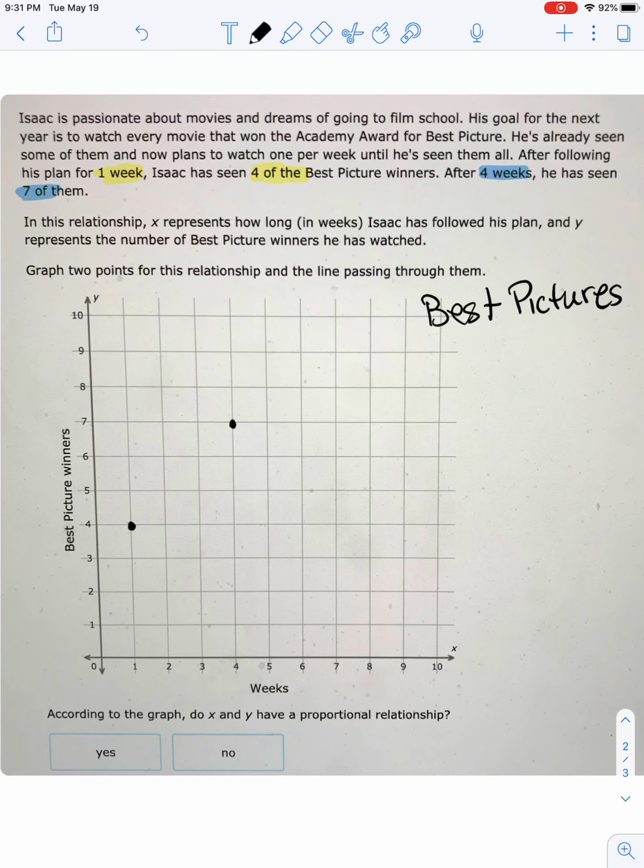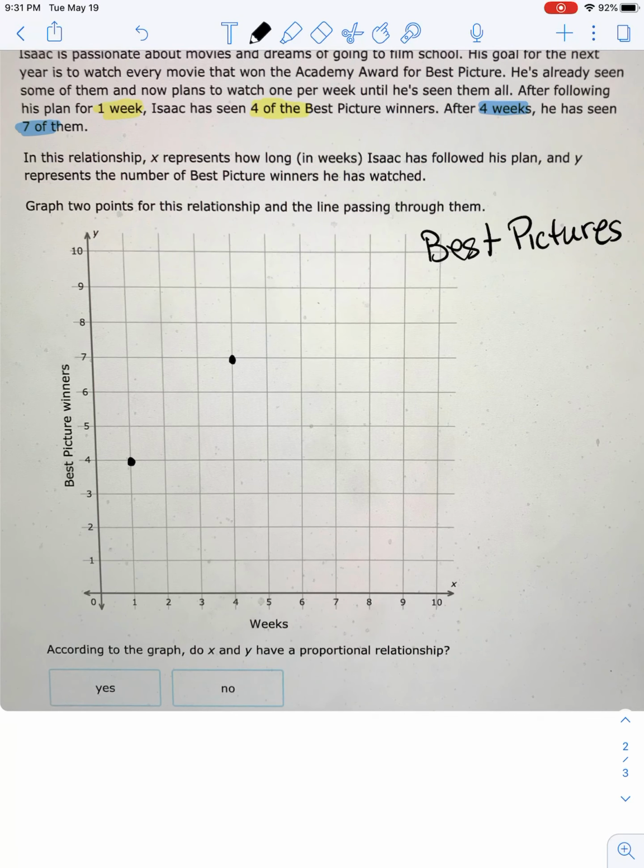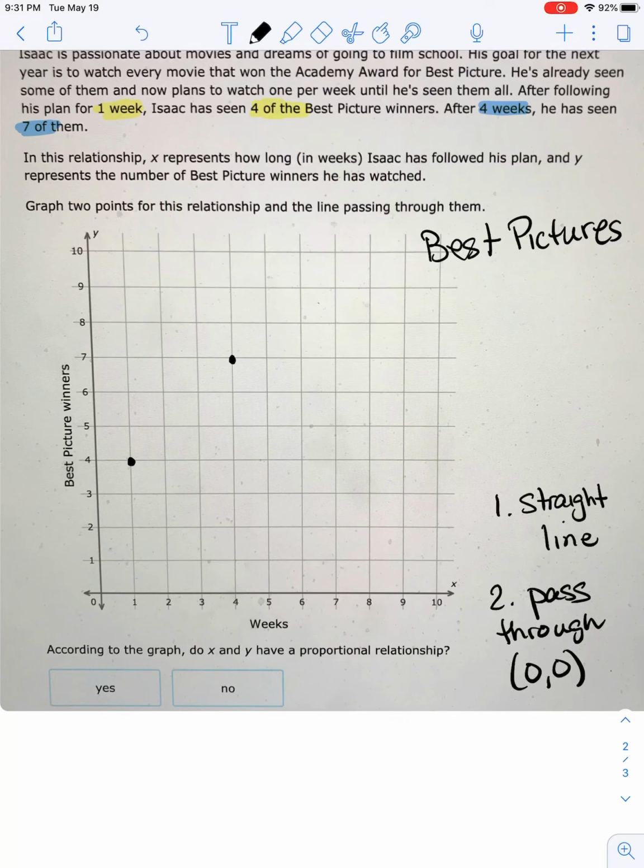I can pretty much already see what's going to happen. Can you? Well, let's see. What do we have to remember? 1, it has to be a straight line. And 2, it must pass through 0, 0.